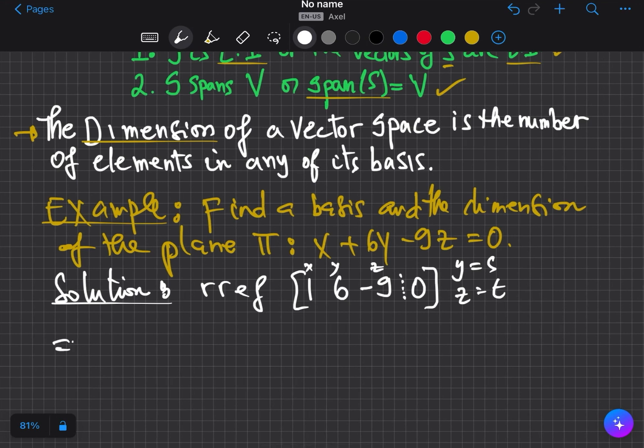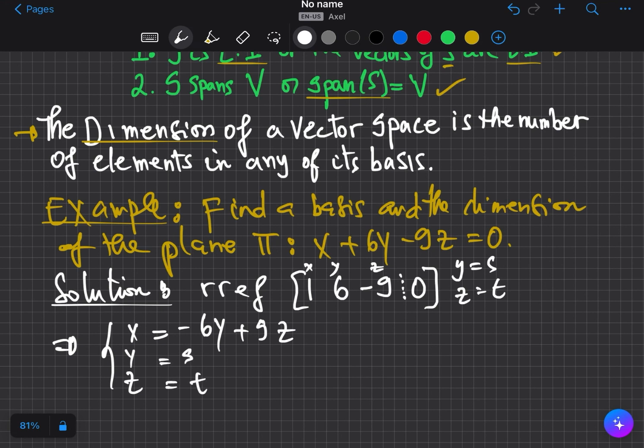So this will lead to x, y, z. From this reduced row echelon form, we have that x equals minus 6y plus 9z, and y is s and z is t, which leads to x is minus 6s plus 9t, y is s and z is t.